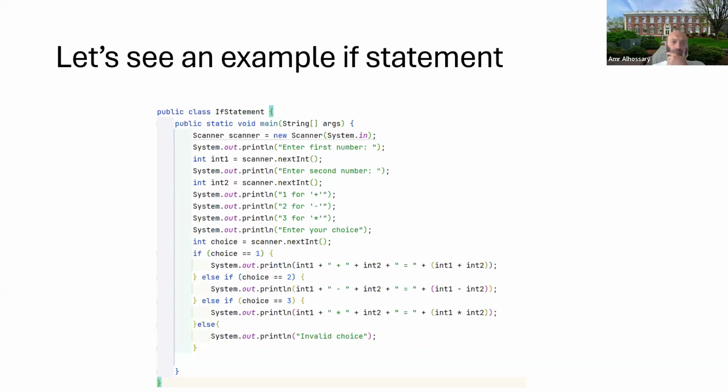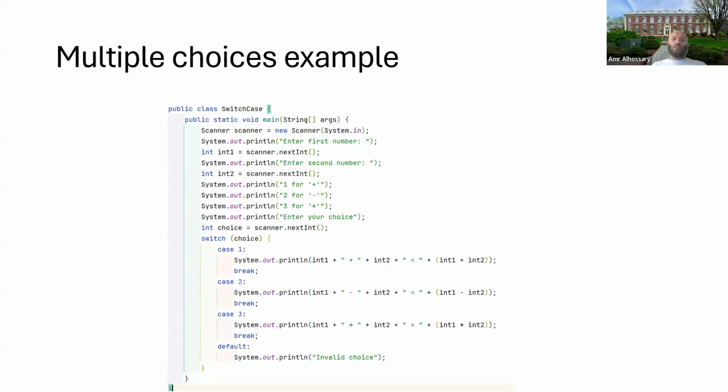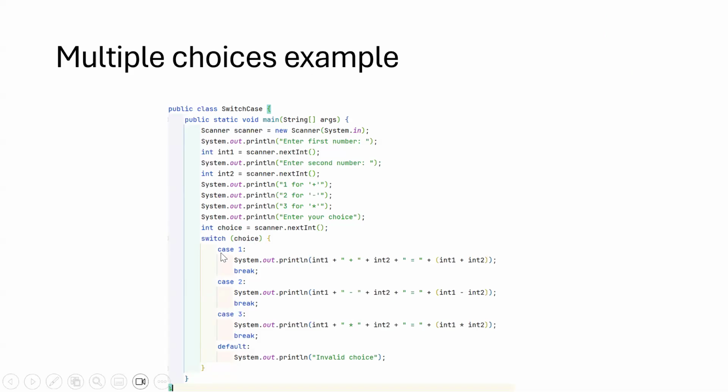Then switch on choice. I take the choice and switch on the choice. Choice is an integer expression. It's not a Boolean expression. It's important. Simply, I write case one, case two, case three, and default.